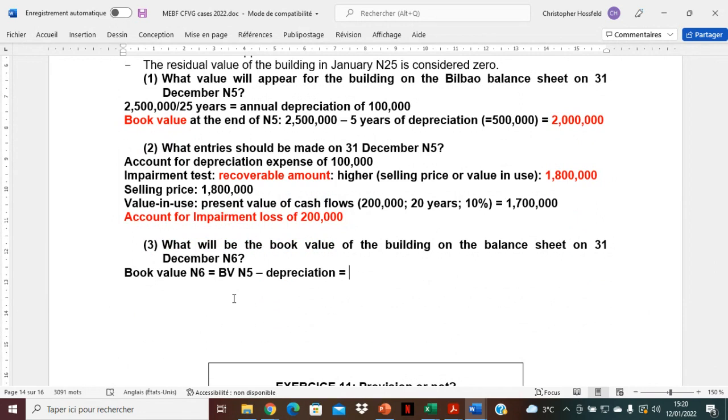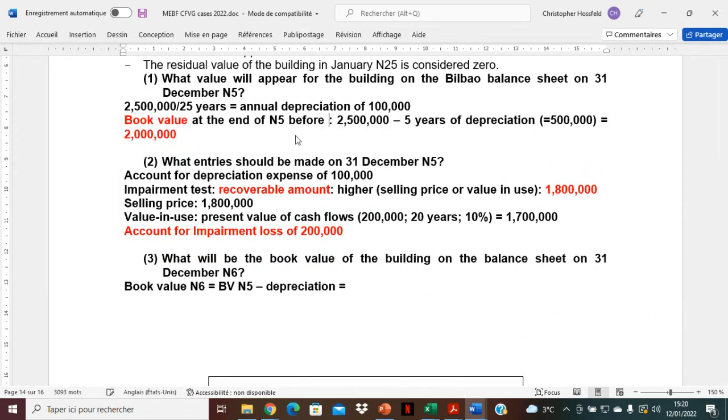$2 million? No. Because the book value at the end of N5, 2 million, is before impairment. Final book value is how much? No, not 1.7.